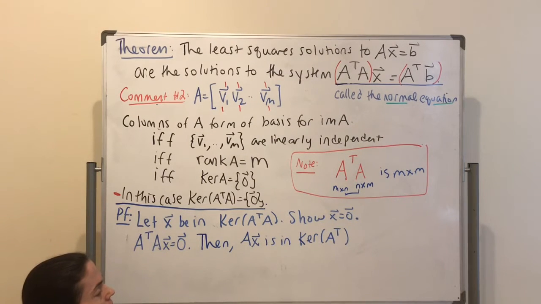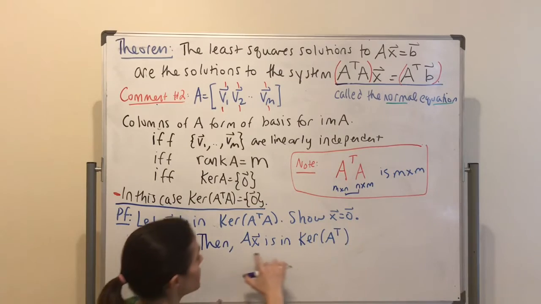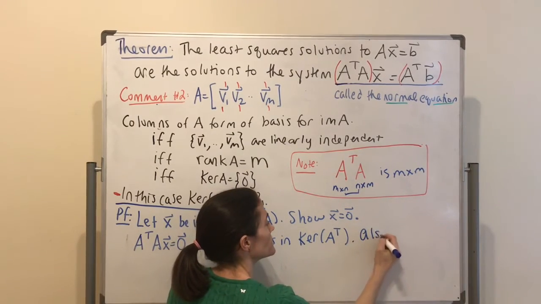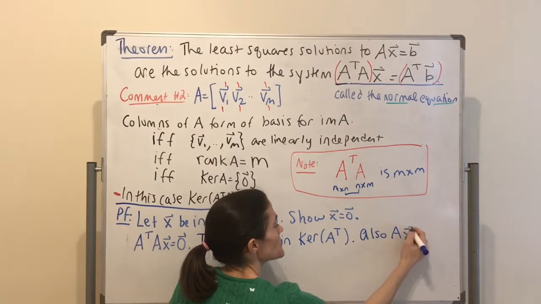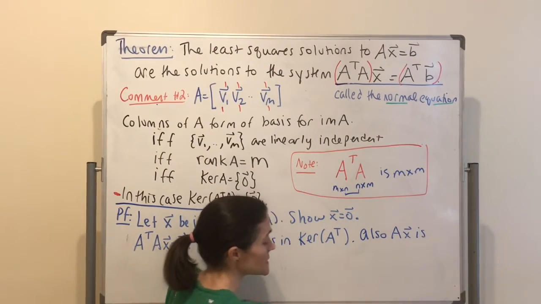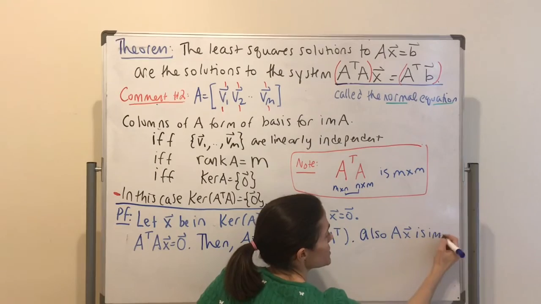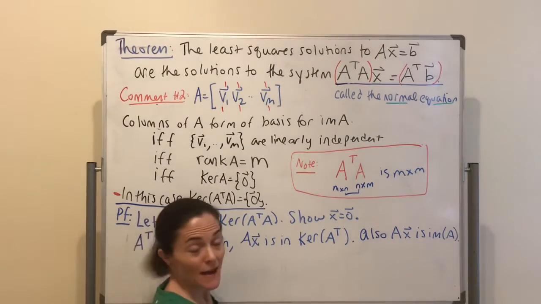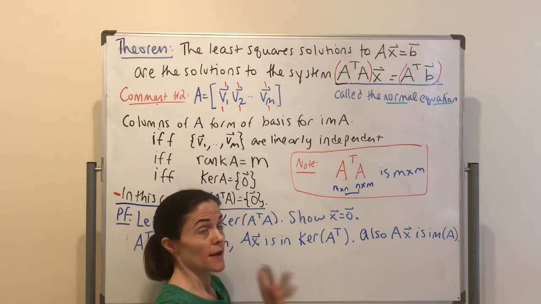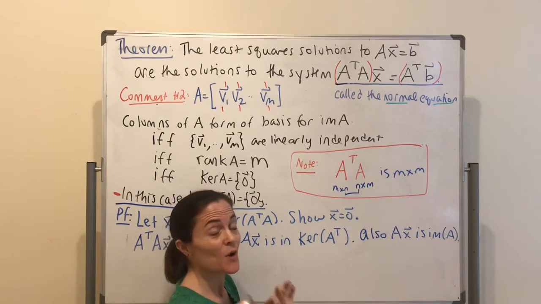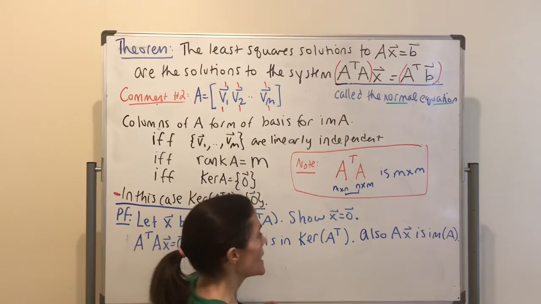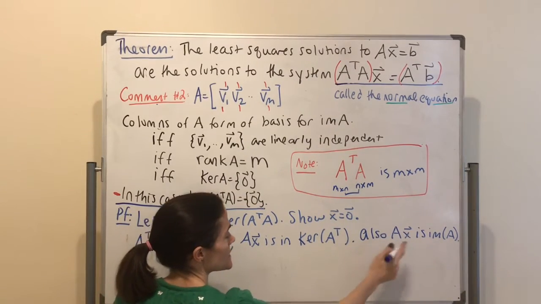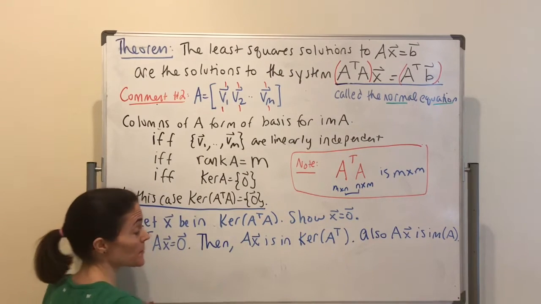But also, AX, by definition, is in the image of A. Because, as we discussed, AX is a linear combination of the columns of A. Without a doubt, it's in the image. So now you see AX is in here and AX is in here, and they're orthogonal complements.